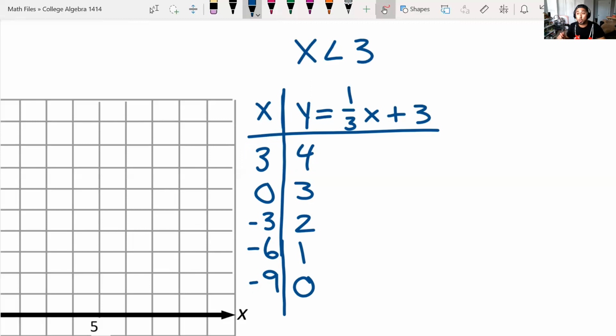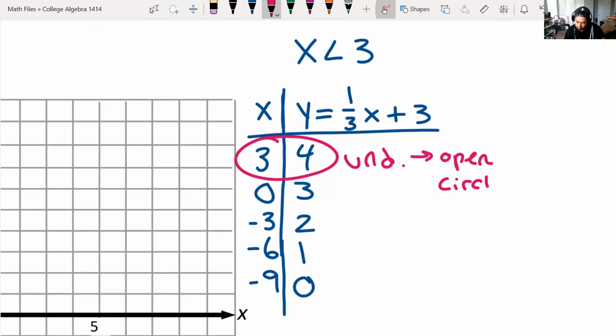So what this does to our point, 3, 4, is actually it makes it undefined, which gives us an open circle. Okay, and the reason for that again is because the inequality only states less than 3. If it said less than or equal to 3, then that point would be defined and not an open circle.